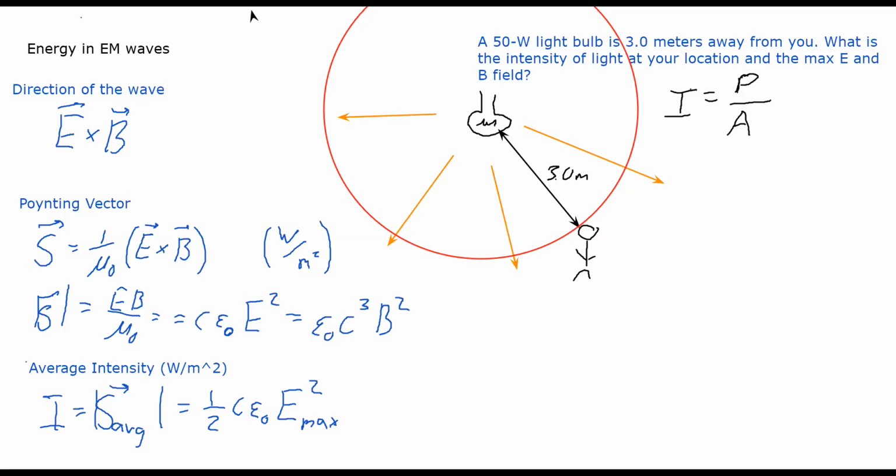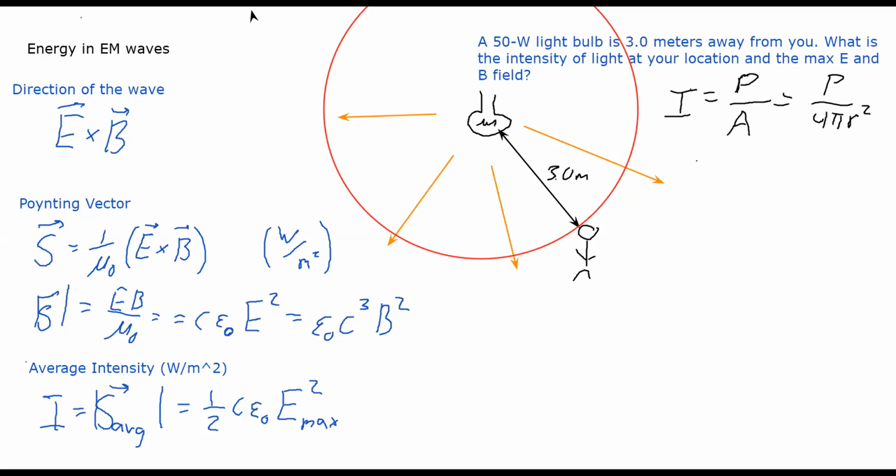If that light is distributed over that whole circle, remember you have to think three-dimensional here. It's not just a circle, it's more of a sphere. Light is going out of the screen, behind the screen, in all directions. So the area here is the area of a sphere, 4 pi r squared.